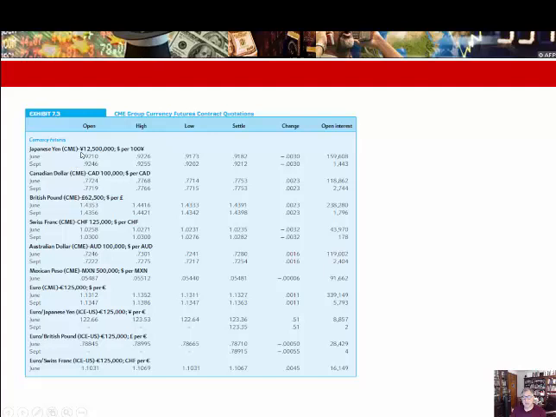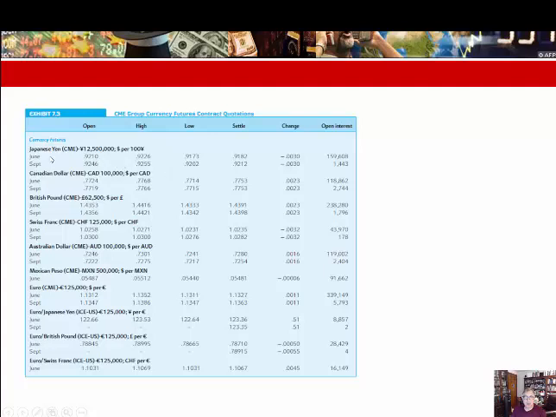For instance, in this particular case, the opening price for the Japanese yen June contract was 0.9210 cents per 100 Japanese yen. So in dollar terms, actually, this would mean 0.09210 US dollars per Japanese yen. So for convenience, the prices of Japanese yen contracts are expressed per 100 Japanese yen.